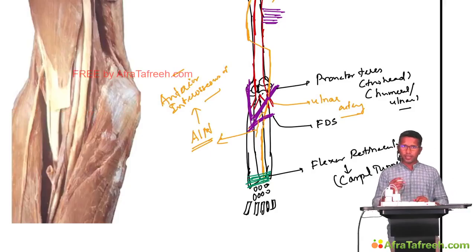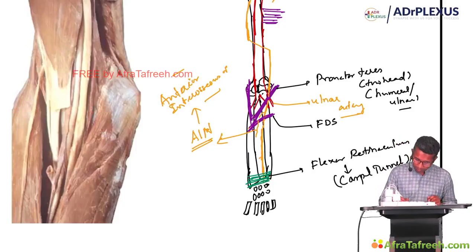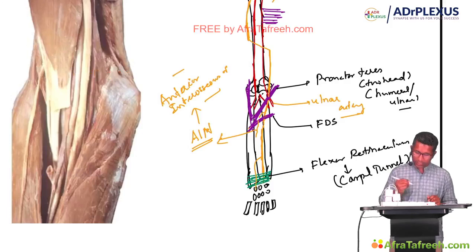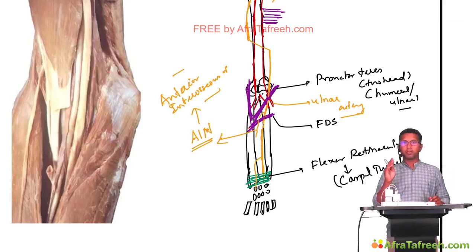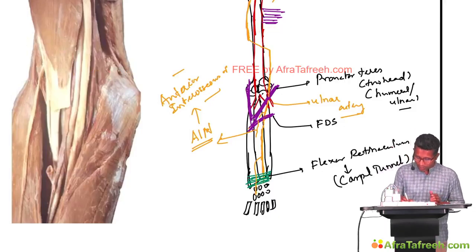When it runs in the forearm, it also gives a cutaneous branch, which is called as the palmar cutaneous branch, which is running above the flexor retinaculum. So please remember, palmar cutaneous branch to the hand from the median nerve.